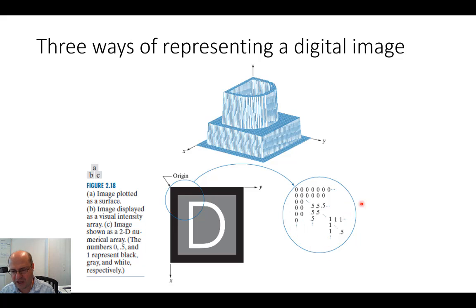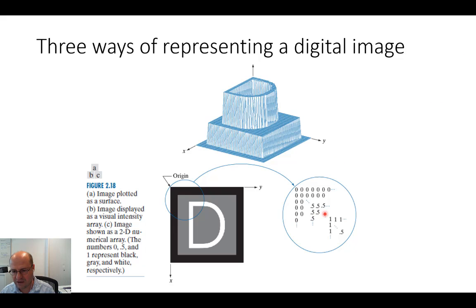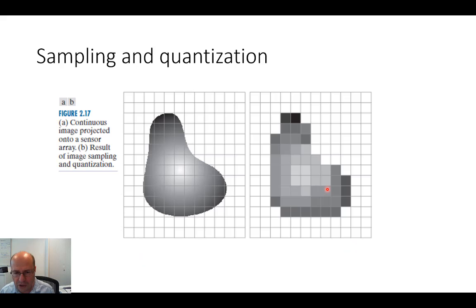We're going to manipulate the image as a matrix, where each point in the matrix is going to be representing one point in this image, and the values of the matrix are going to be representing the intensity values of this digitalization process, again, that's composed by sampling and quantization.